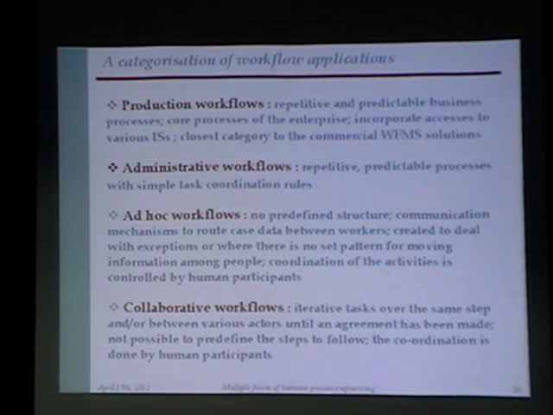These are core processes of the company in the sense of Porter's value chain. I don't know if you may know. They incorporate accesses to various information systems, various computer systems, and this is the closest category to the commercial workflow management solutions.